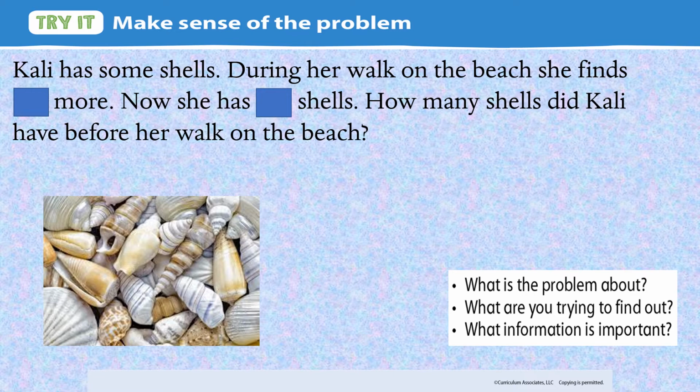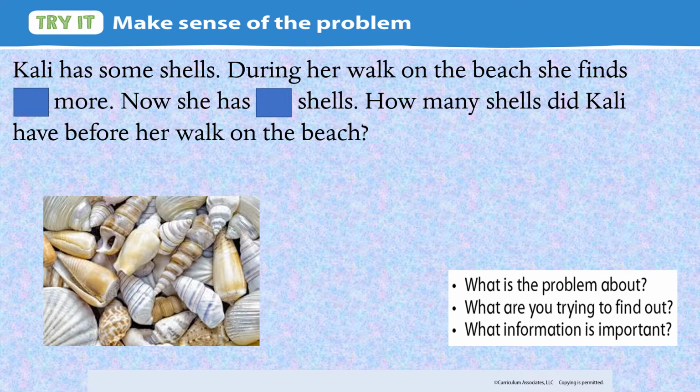Let's review the problem together. Kaylee has some shells. During her walk on the beach, she finds some more. Now she has some shells. How many shells did Kaylee have before her walk on the beach? The problem is about Kaylee and her shells.